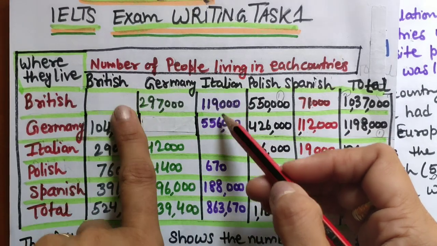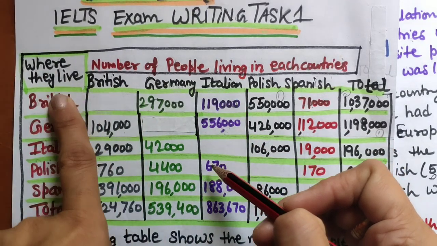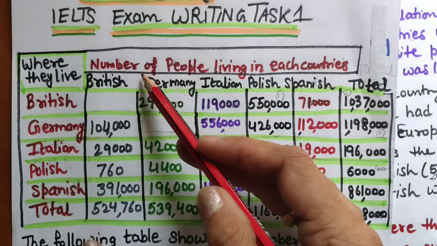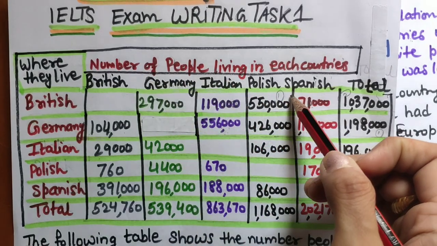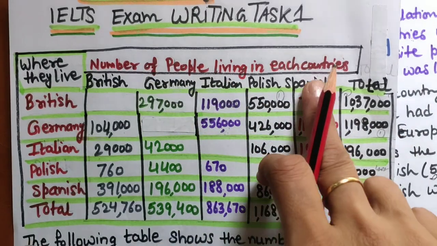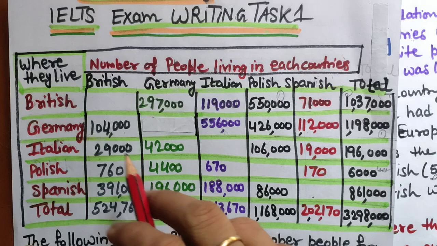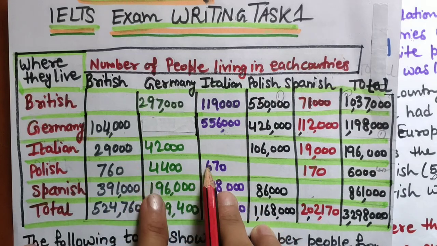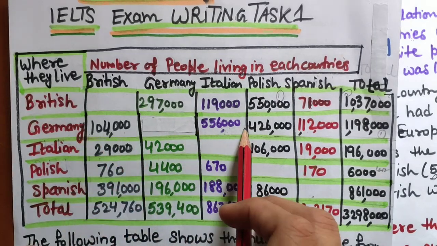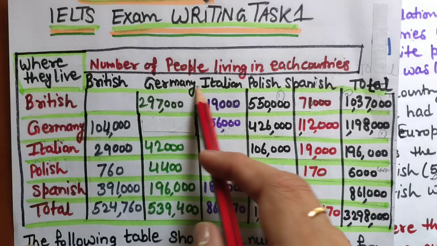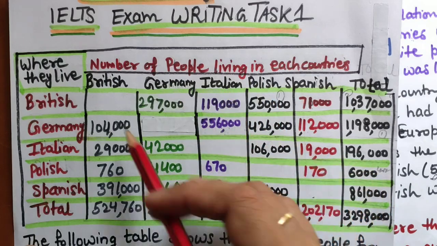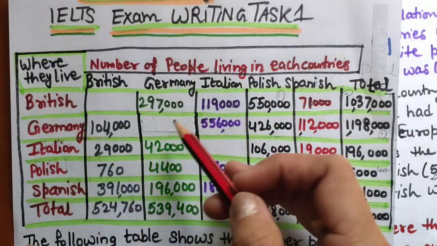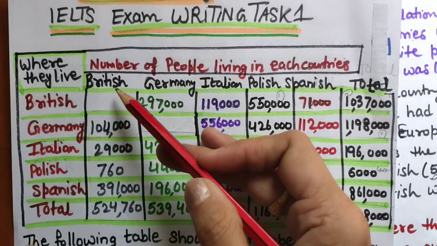These are where they live, these are the countries, and this is the number of people living in each country. If you do not understand the categories, this is how I was reading it in the wrong manner. No, these are the number of people from different nations in different countries. So you have to analyze the table like that.